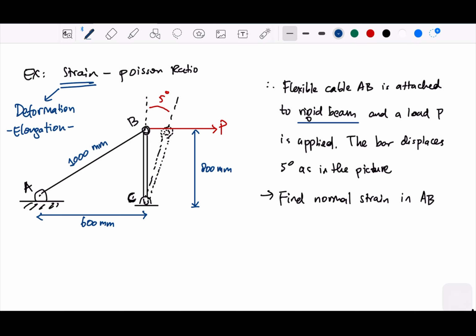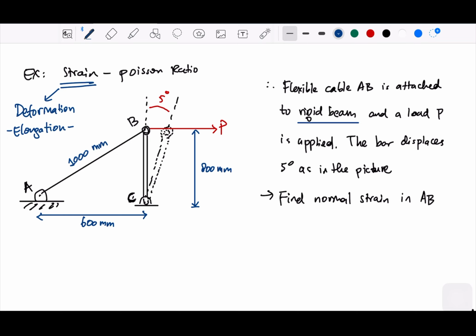Any idea how we find it? So first, before we find the normal strain, the definition of the strain is the elongated final length minus the original length divided by the original length, right? So we need to know, if we stretch the cable, how much is it? Can we find that? Can we find this from the picture?